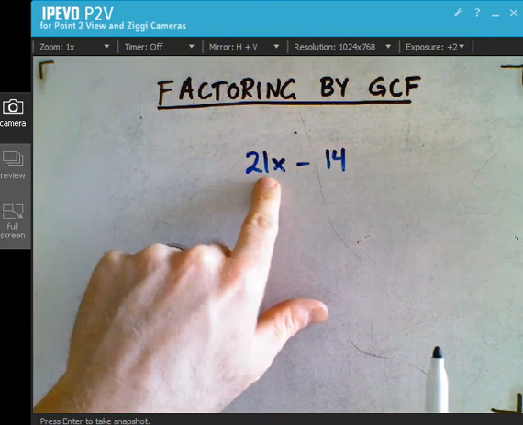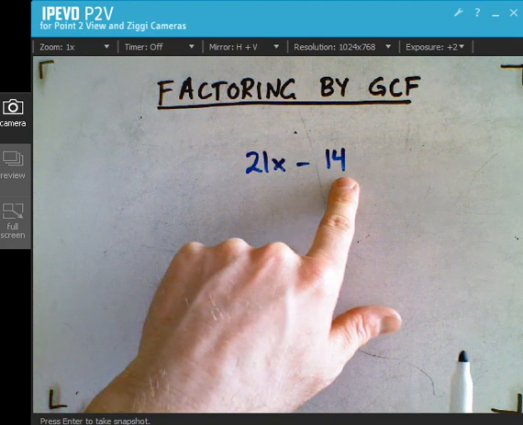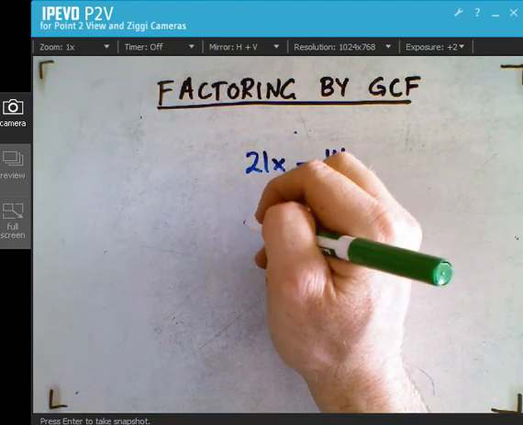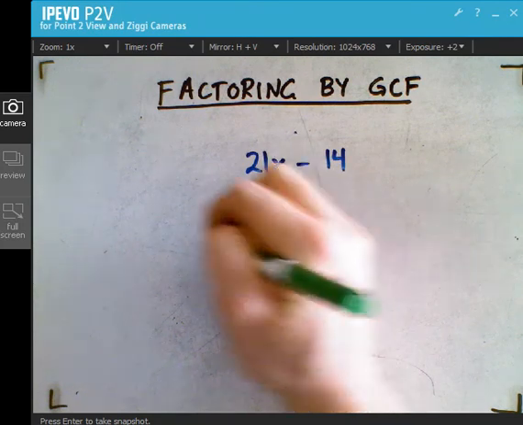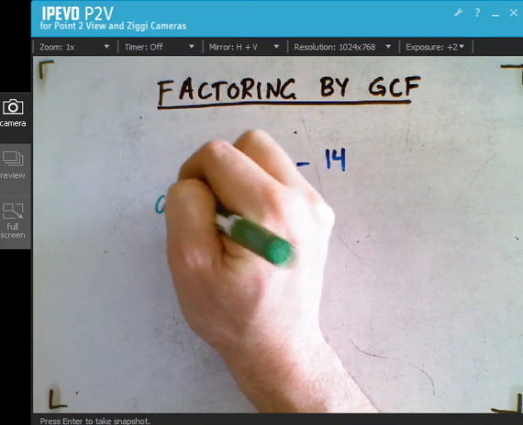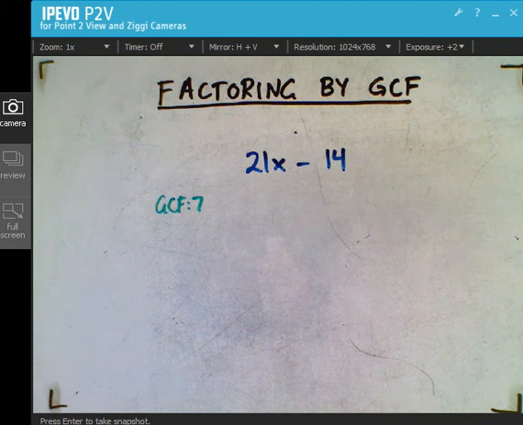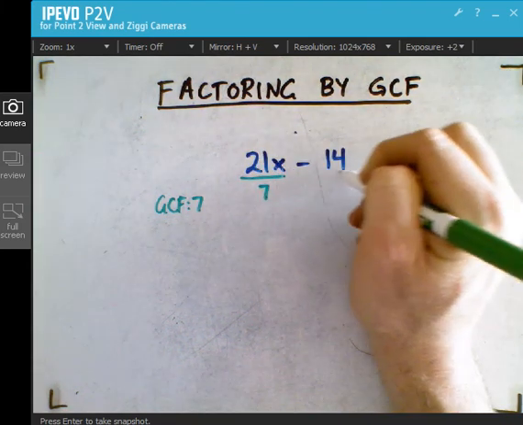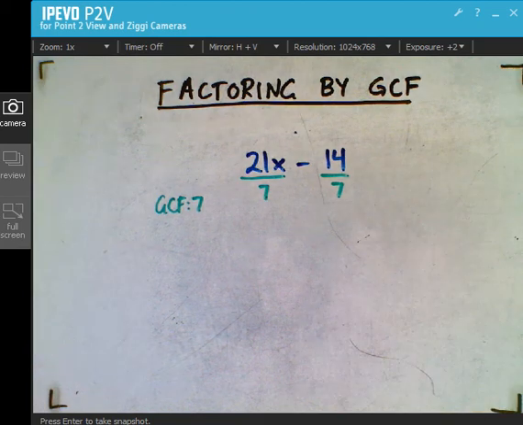What's the greatest common factor between 21x and 14? It's 7. So I've identified my greatest common factor as 7. That's step 1. Step 2 is to divide out that greatest common factor. So I'm going to divide this by 7, and I'm going to divide this by 7.